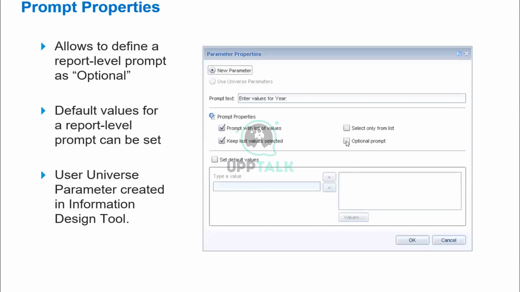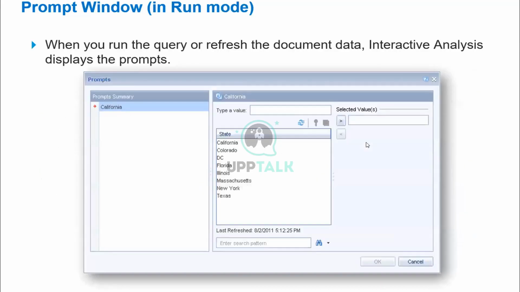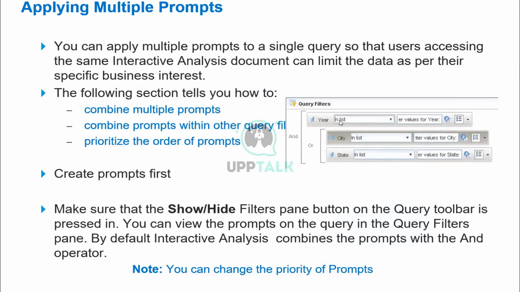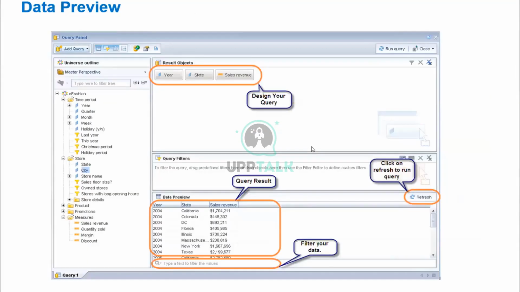If you check this under prompt properties as an optional prompt, you can give values or you can skip and run the report. If you don't check this option, it is always a mandatory prompt. How we can apply multiple prompts and how we can use AND or OR.